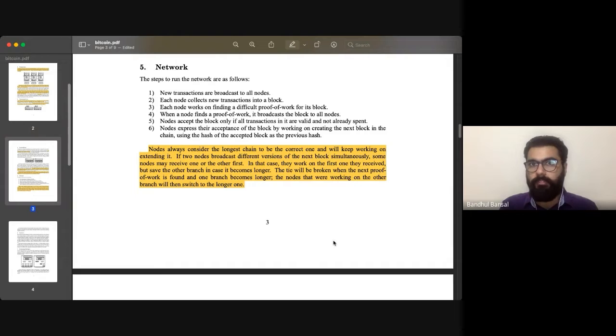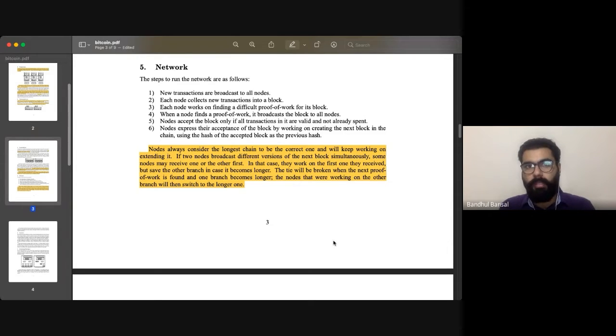If you are not familiar with proof of work, try watching the video linked along with this video about proof of work, as well as about timestamp servers, where we have discussed what exactly proof of work is. So what each node has to do is work on finding the proof of work for its block, and when they do, they broadcast the block to all nodes.